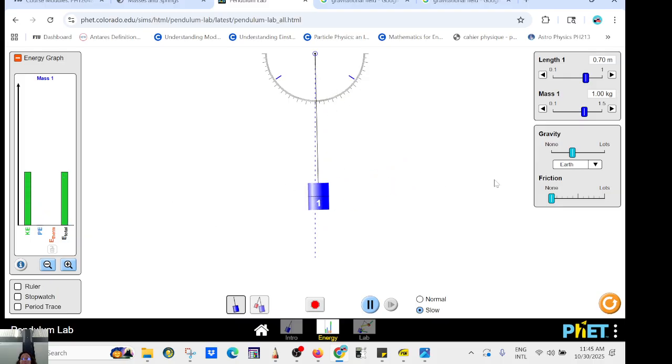If you add friction, then you're going to lose to friction. I will show you next time what it does, but you are losing to friction. So the total amount is the same, except now this amount is going away. You don't get it back because friction is non-conservative. It's lost.